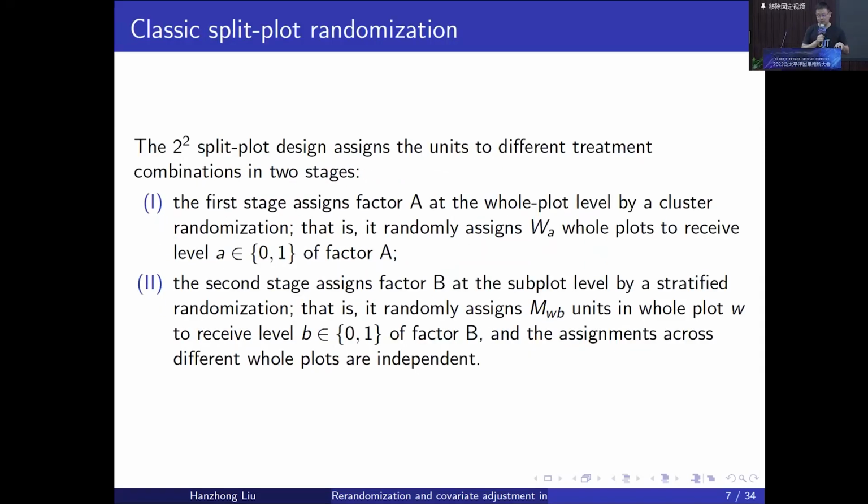As I introduced earlier, the split plot design assigns the treatment combinations in two stages. In the first stage, it assigns factor A at the whole plot level by a cluster randomization.